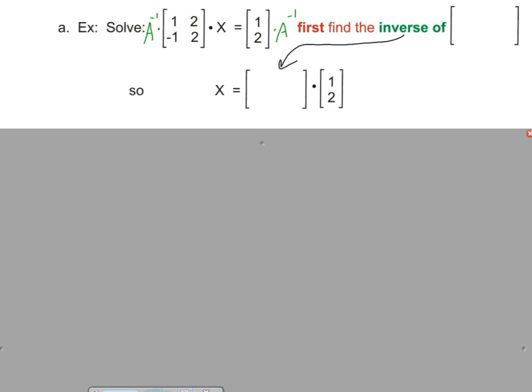And that's exactly what's going to go right here, right? That inverse matrix. All right, so we got to set everything up. We got to figure out what that inverse matrix is. That's what we did on Friday. So just to be clear, we're finding the inverse of that matrix 1, 2, negative 1, 2, right?